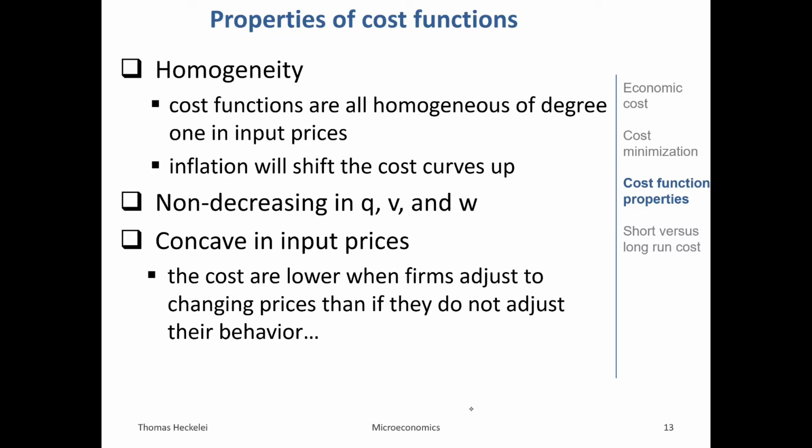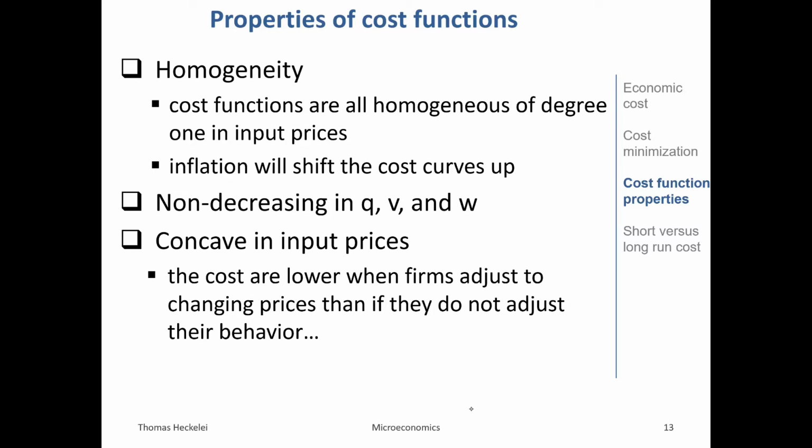So it can be concave in input prices, but convex in output level, for example. So when you hear about concavity or convexity, make sure that you know what it is concave in or convex in. Yeah? So here, the cost function is concave in input prices.